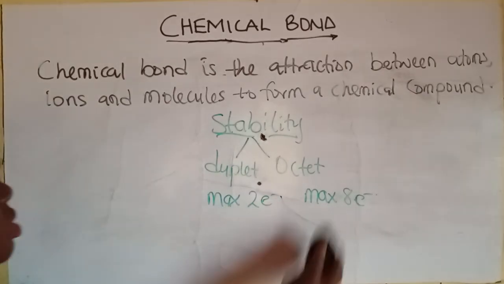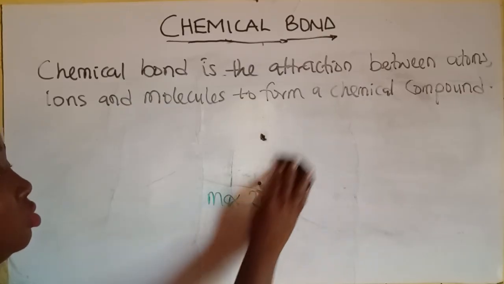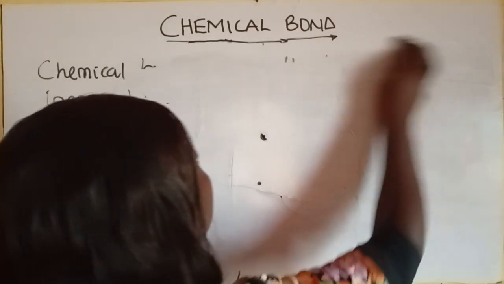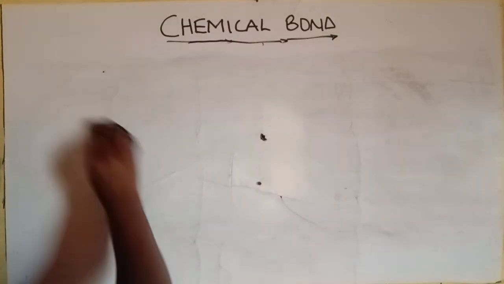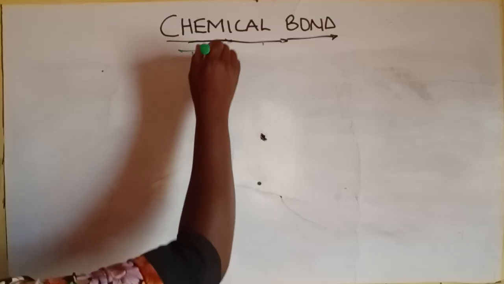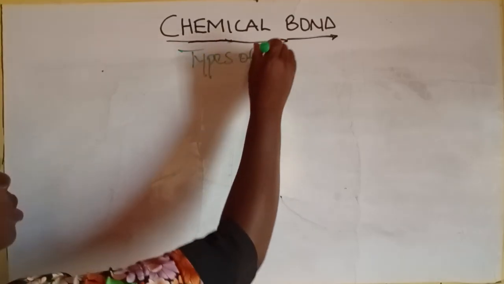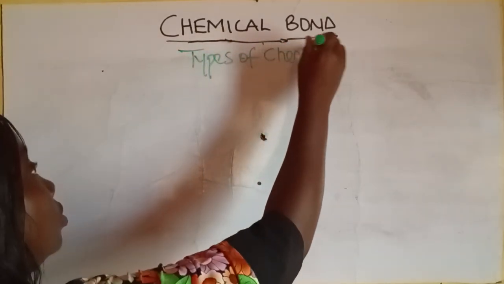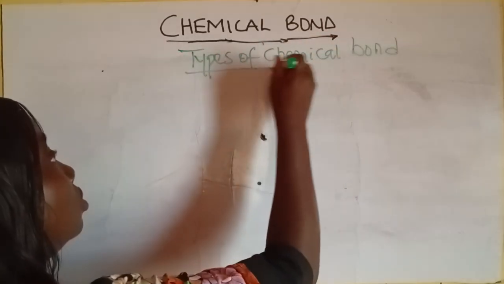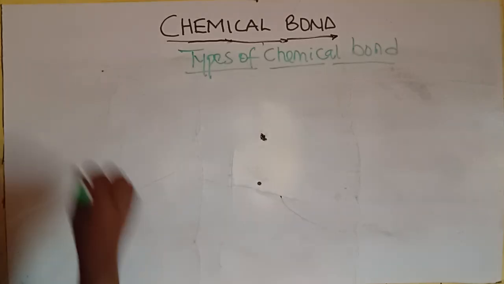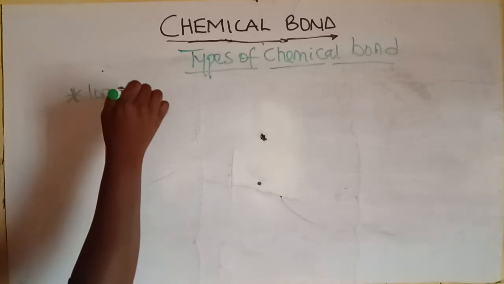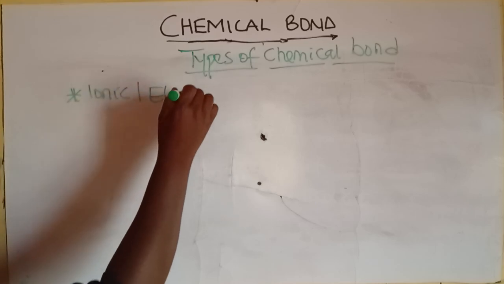Now let's look at types of chemical bonds. The number one we're looking at today is what we call ionic or electrovalent bond.